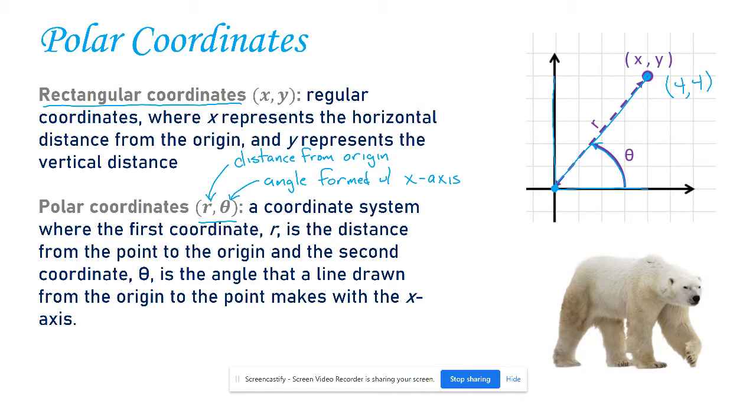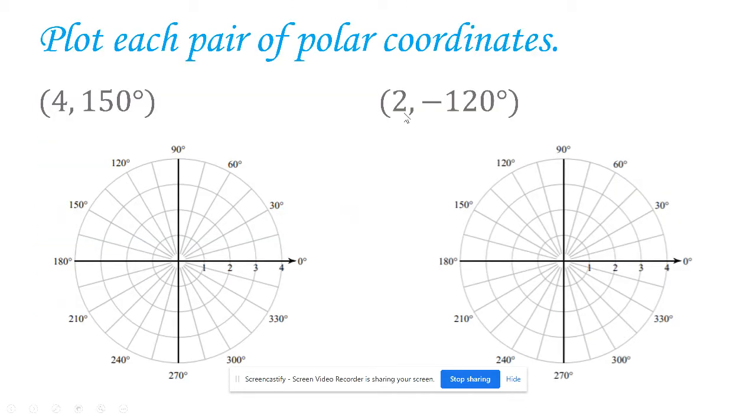So let's look at some examples and see what we're dealing with here. First, we're going to plot points using polar coordinates, and these two examples involve degrees. The first one is 4, 150 degrees. So what I want to do is make this a 150 degree angle. I'm going to make my initial side on the x-axis, and then I find 150 degrees, and I make my terminal side.